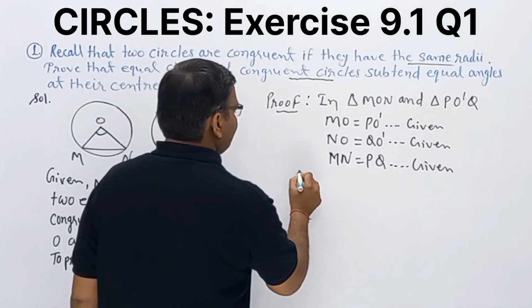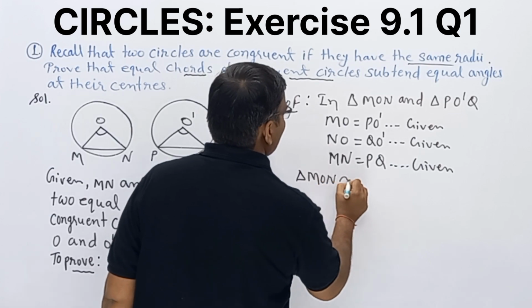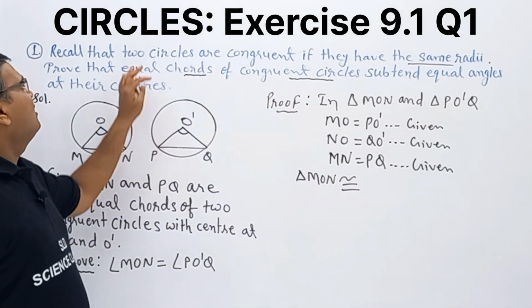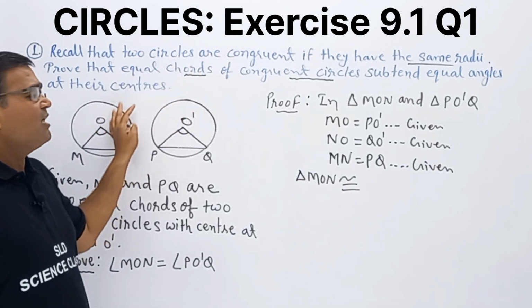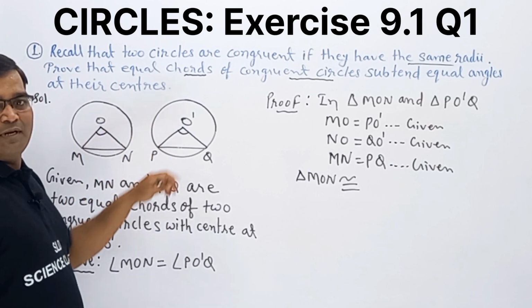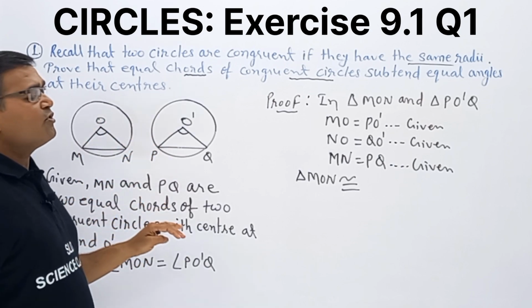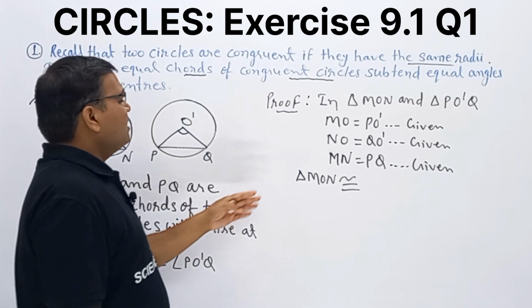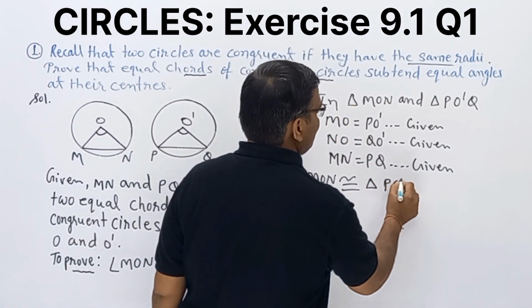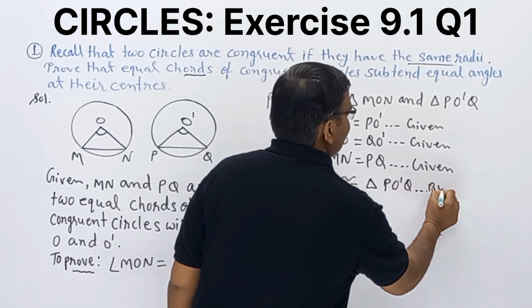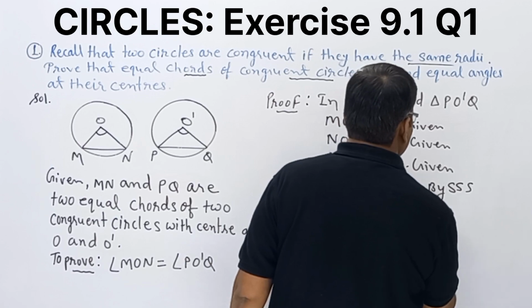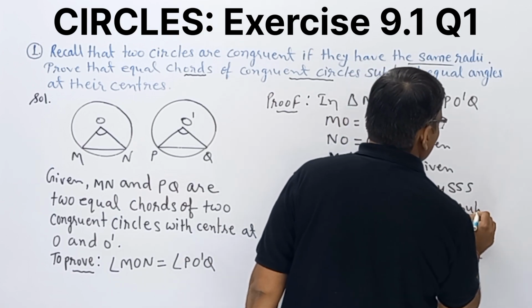Since the circles are congruent, the radii are equal. So triangle MON is congruent to triangle PO dash Q by the side-side-side congruence rule.